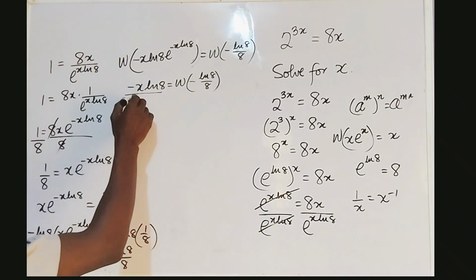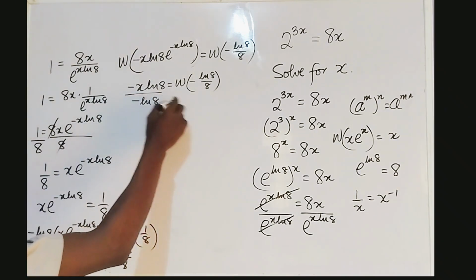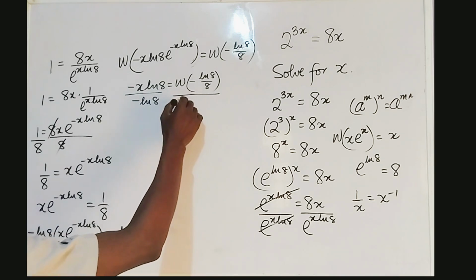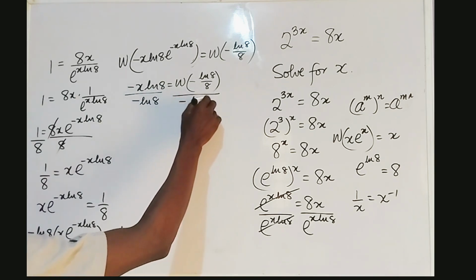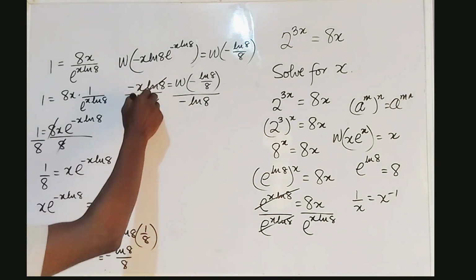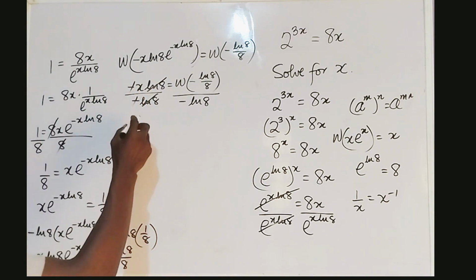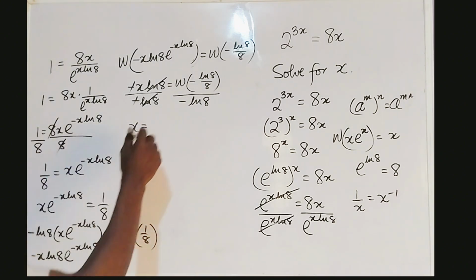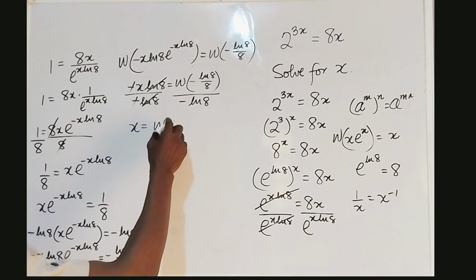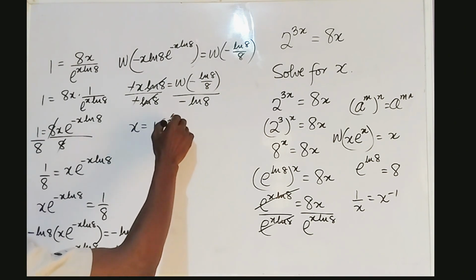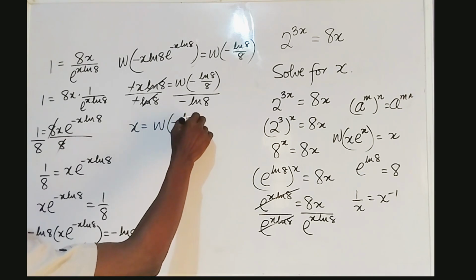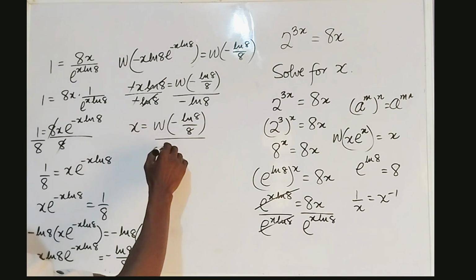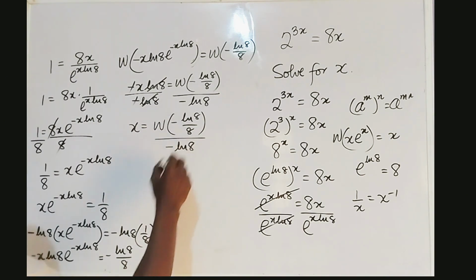So here we have minus ln 8 divided by minus ln 8, and this will eliminate this, minus by minus. So our x will now become W of minus ln 8 all over 8, then all over minus ln 8.